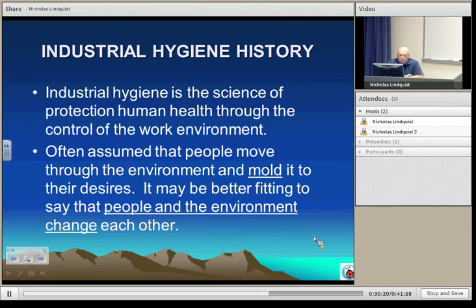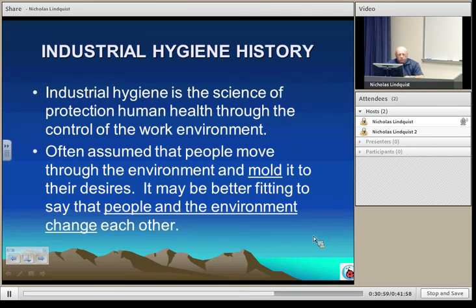From a historical standpoint, prior to the 1900s, there was very limited, if any, concern regarding the health of workers. If we go back to the very beginning of civilization, just to live and survive in the environment was a challenge. As social classes began to develop in the early times, we saw the implementation of slave labor.